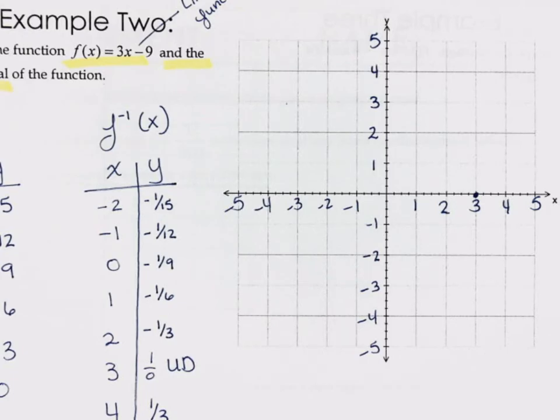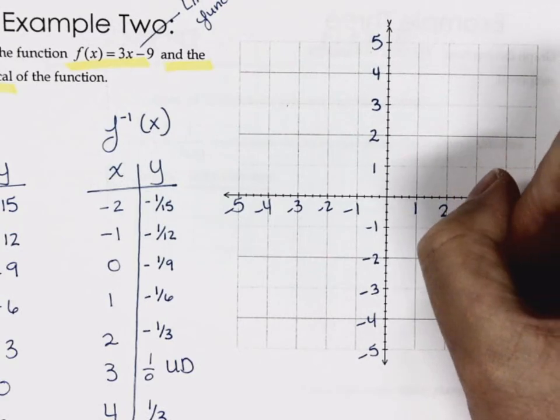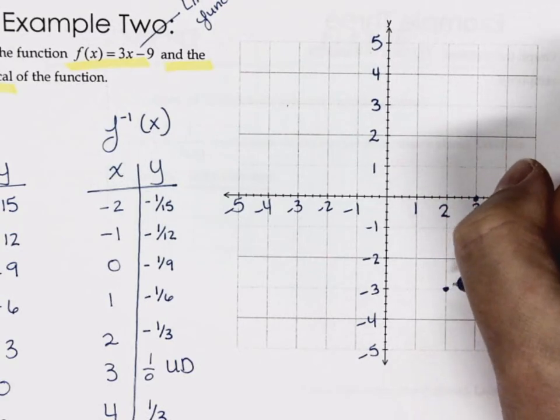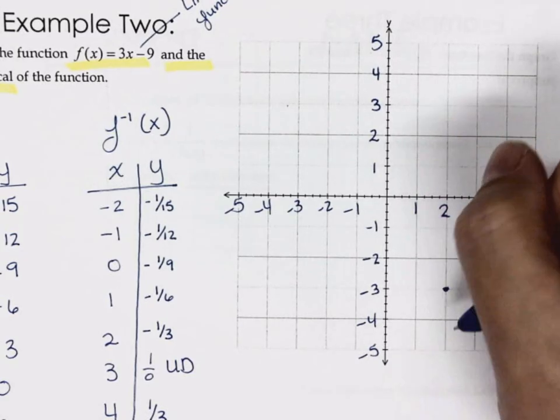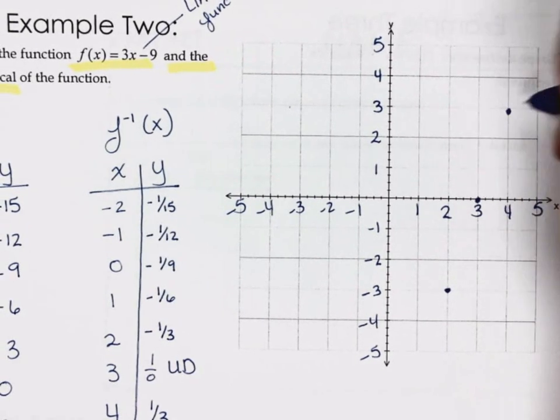So you want at least 2 on either side of the asymptote. Okay, I'm graphing this one, sorry. 2 is -3. 1 is -6, that's off. And then 4 is +3.